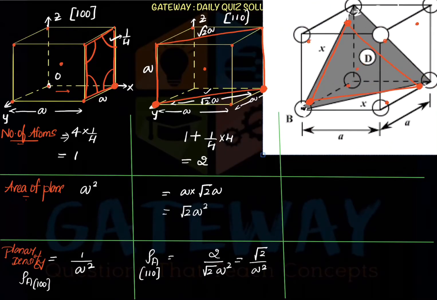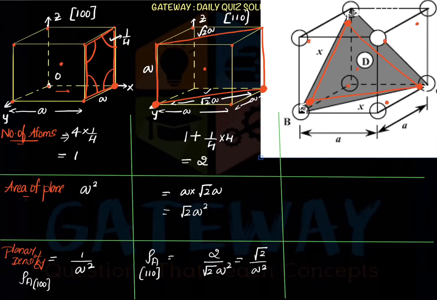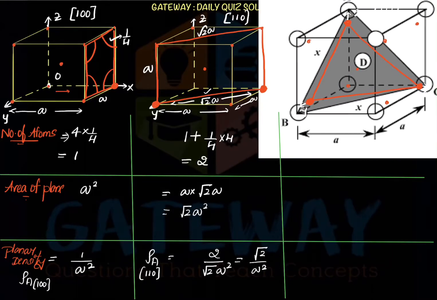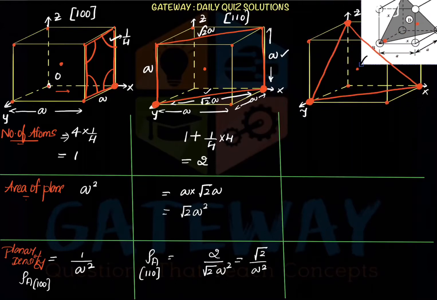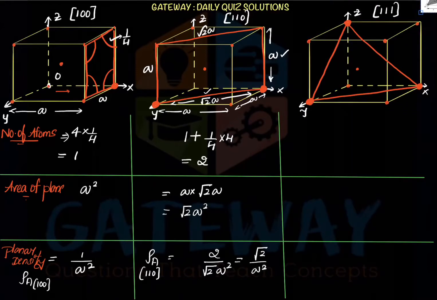The 3 atoms, and the central atom, which is generally represented here as D, will not touch the plane, will not intersect the plane. Therefore the number of atoms will be different here.